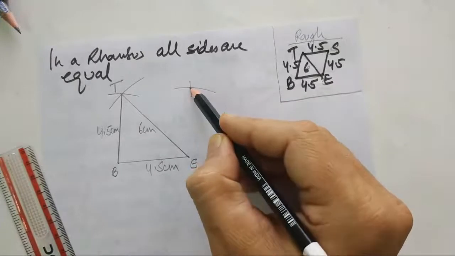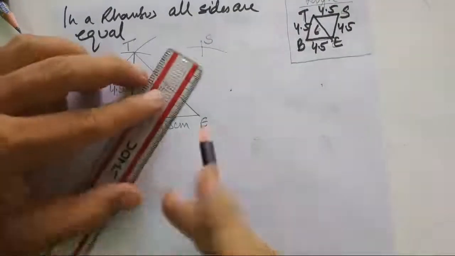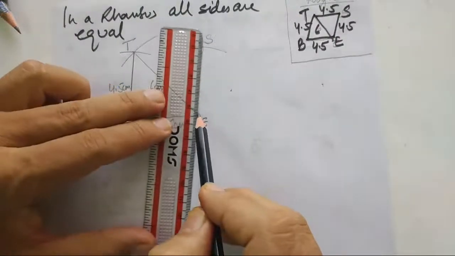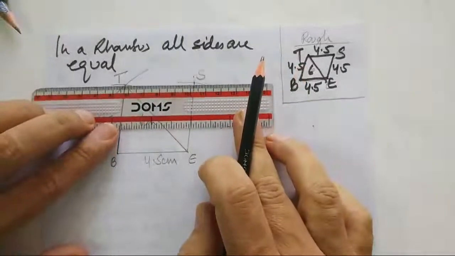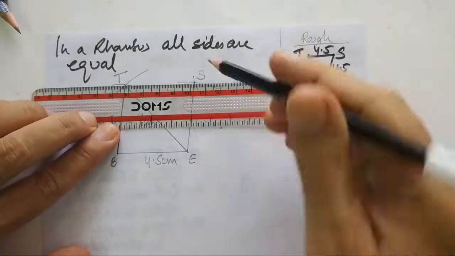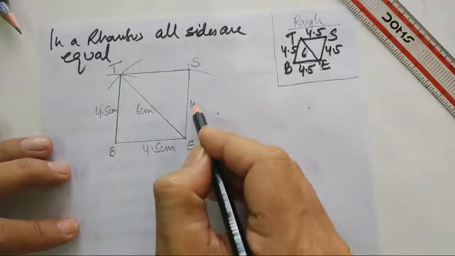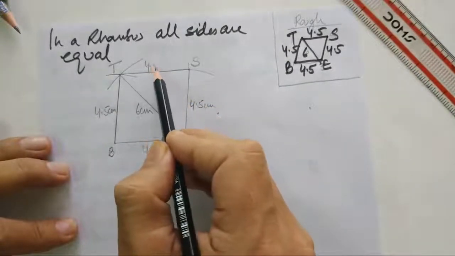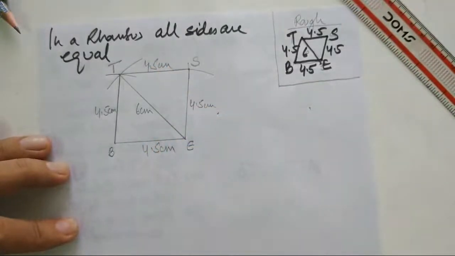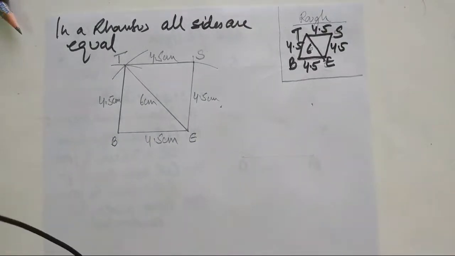This point becomes S. So I will write S here and then draw the lines. So the figure is made. This is a rhombus which has all sides equal. So this is a rhombus whose property of all sides equal we have used.